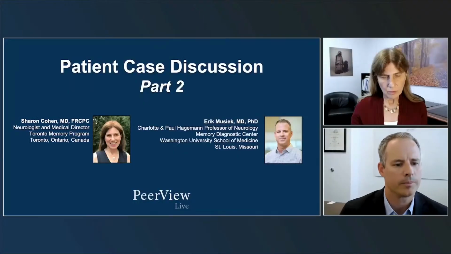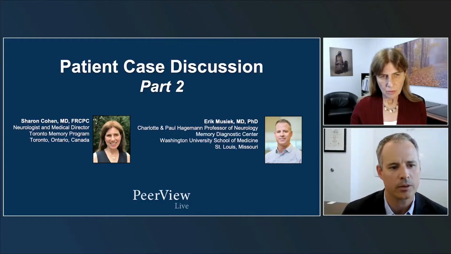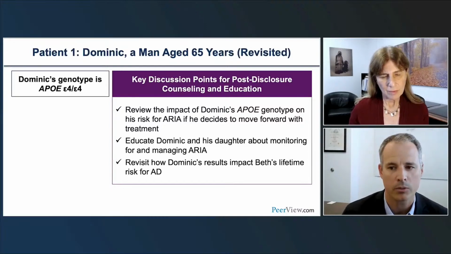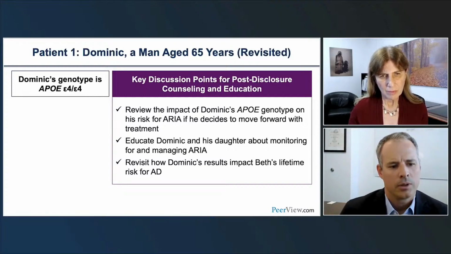So we're going to go back actually to Dominic, our 65-year-old man with mild cognitive impairment due to Alzheimer's disease, whose daughter was concerned about his testing. So his genotype is, in fact, ApoE44, as we suspected. And so we have some issues. We have to discuss this with Dominic. What does this mean?